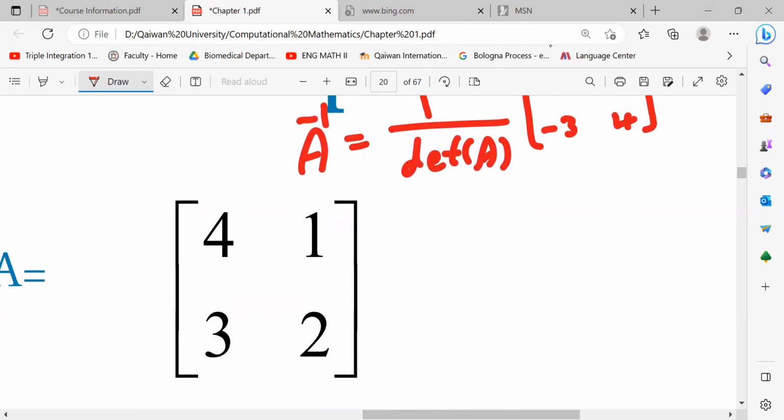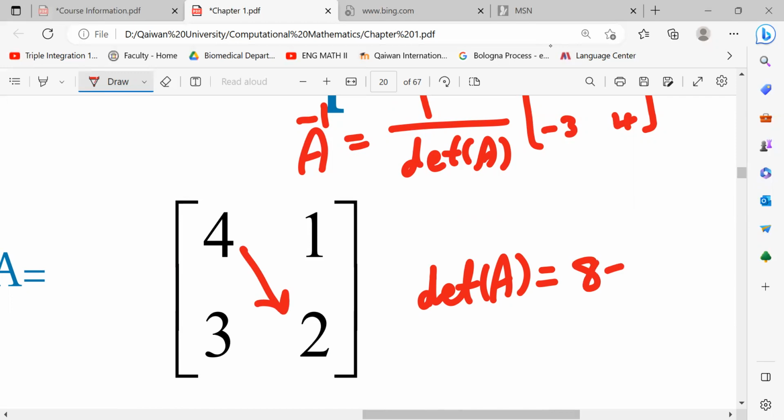So det A, the determinant of A, is multiplying these two, which is 8, minus multiplying these two, which is 3 and 5. This is the determinant of matrix A.